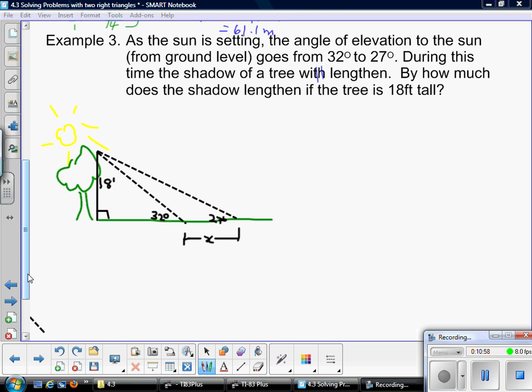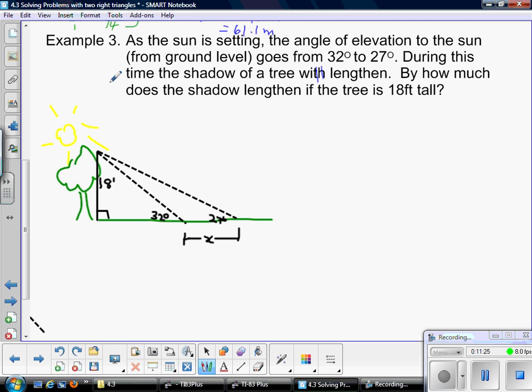Now, if you look at the last question that we did, we had to find the whole length, from here to here. In this case, we just want part of this. So what can I do? Well, I maybe could find the whole length in this case and then subtract a length. So sometimes I have to add, sometimes I have to subtract.